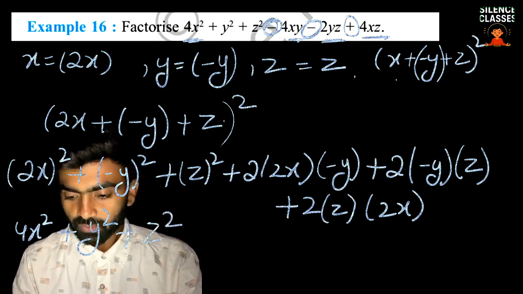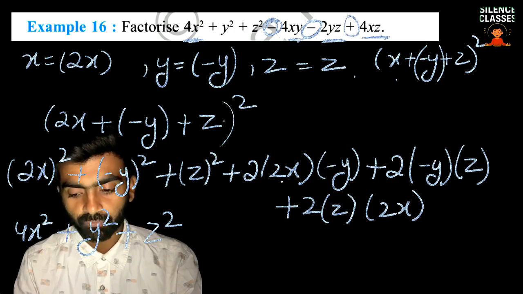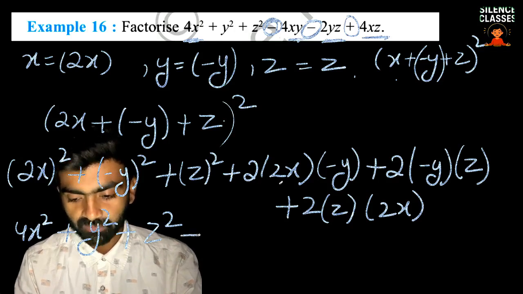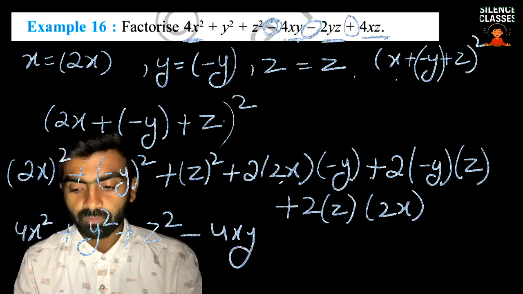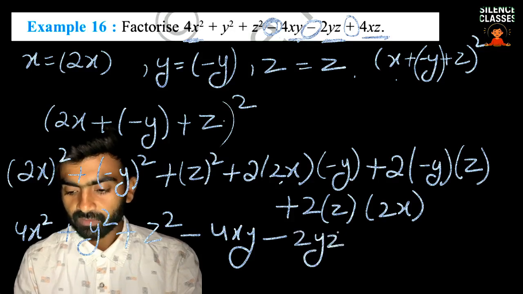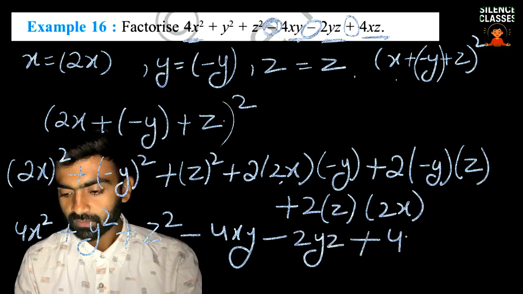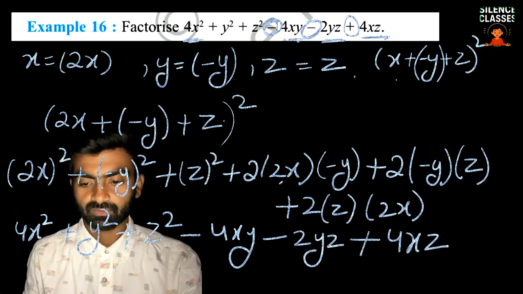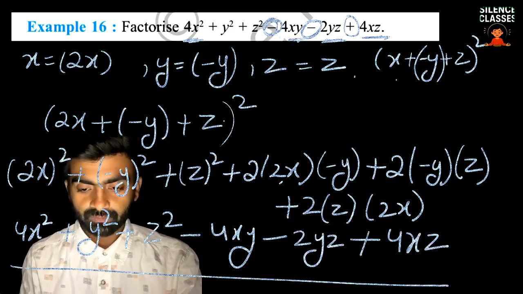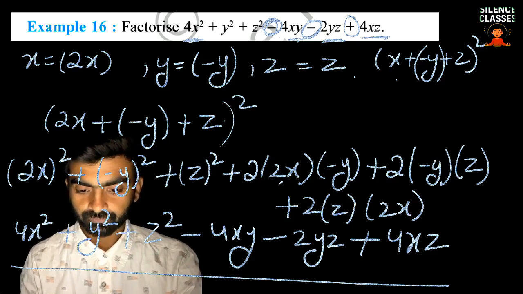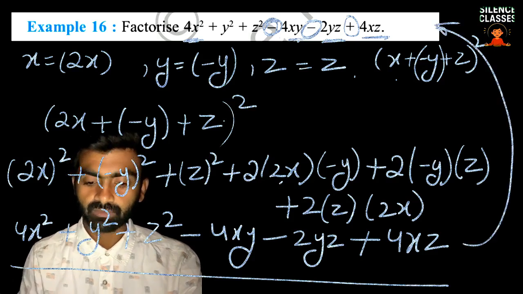Over here you can check, once I open the bracket, 2 4s are 8, and minus plus will become minus, 2 4s are 8xy, again plus minus will become minus, and yz means 2yz, plus 2 4s are 8xz. We will get this particular value. So we got this one.